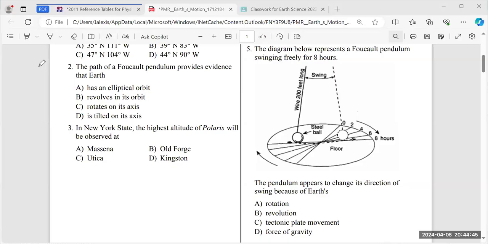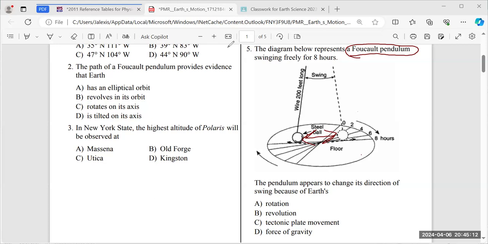Number 5, it says a diagram below represents a Foucault pendulum swinging freely for 8 hours. The pendulum appears to change its direction of swing because of the Earth's what? We just discussed this earlier, right? The Foucault pendulum is a device that appears to change direction as it's swinging back and forth, right?